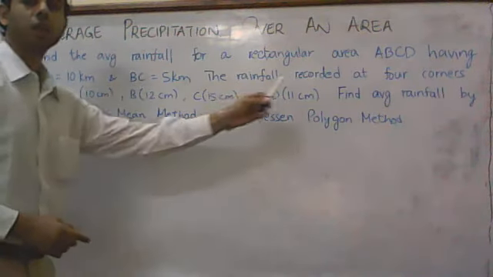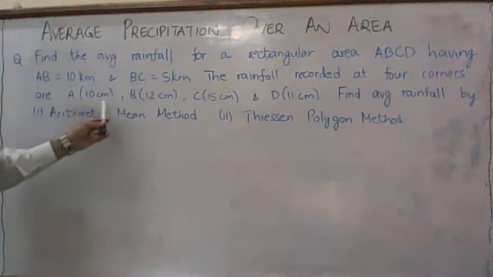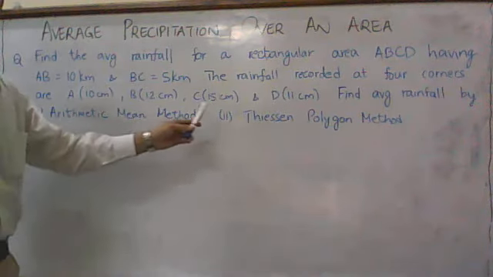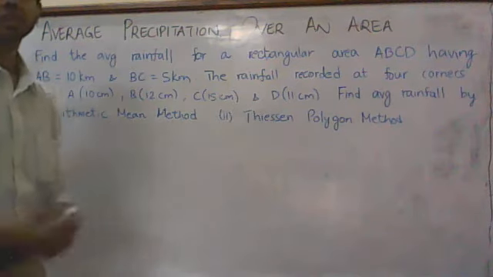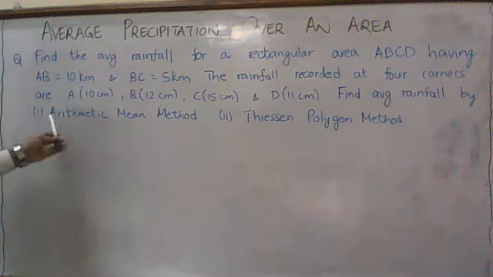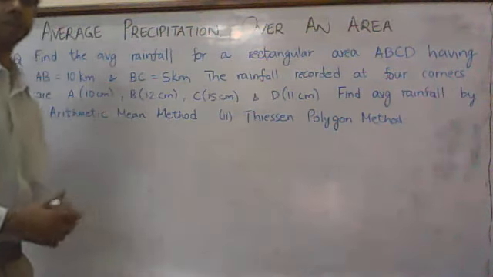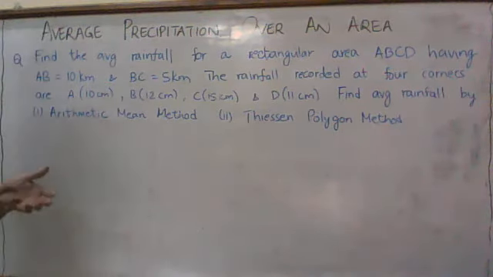The rainfall recorded at four corners are A 10 centimeter, B 12 centimeter, C 15 centimeter and D 11 centimeter. Find average rainfall by arithmetic mean method and Thiessen polygon method. So you have to find the average precipitation by these two methods, the arithmetic mean and the Thiessen polygon method. So how to proceed in this problem?